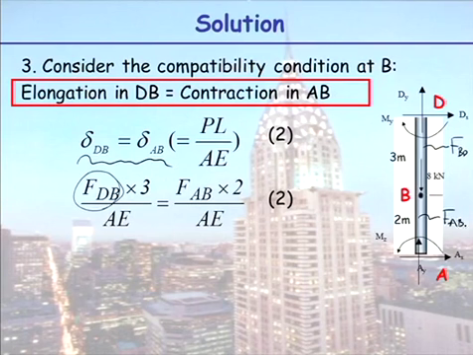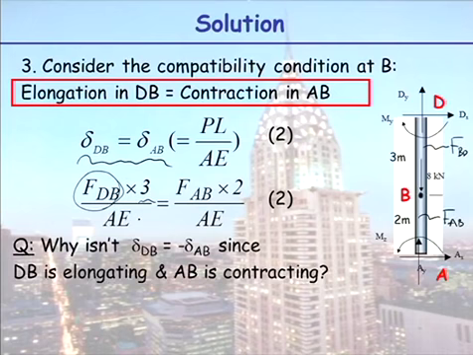So when I write PL on AE now, I'm looking at the corresponding force in section BD, the length of section BD, which is 3 metres, on AE. And I get that second equation.